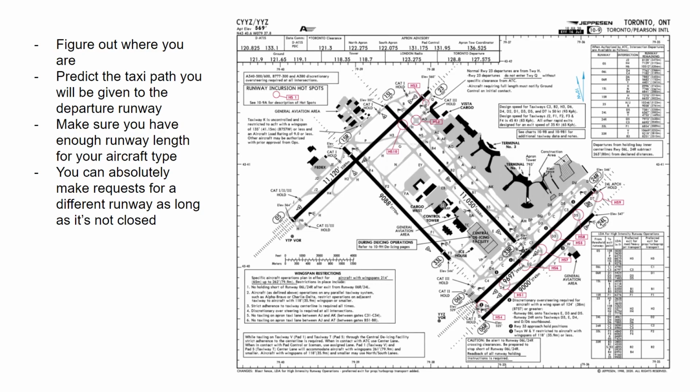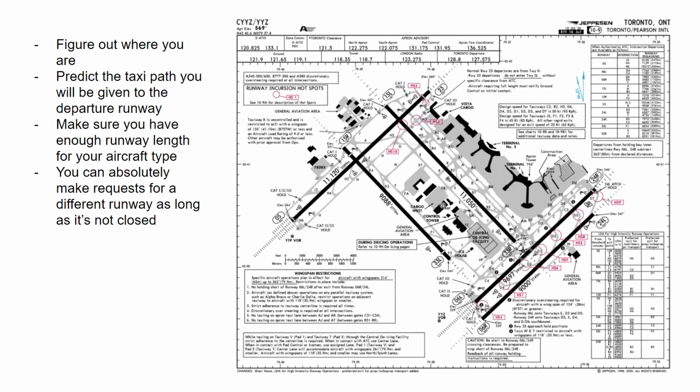So if I'm parking here and I know I have to depart out of runway 23, then what I'm expecting is taxi via Alpha Lima, then right on either Alpha or Bravo, usually Alpha, go all the way down here and turn right on Hotel, and then hold short here. And then that'll be my departing. And then you just try and predict it so that when they tell you, you don't have to spend like a minute figuring out if it makes sense or not, and you can be ready to go.